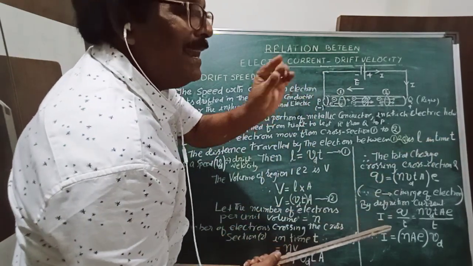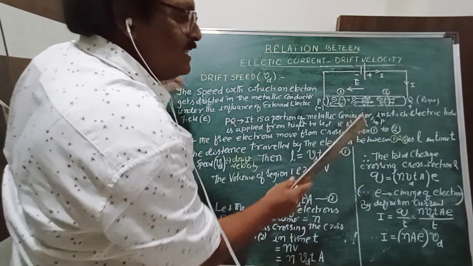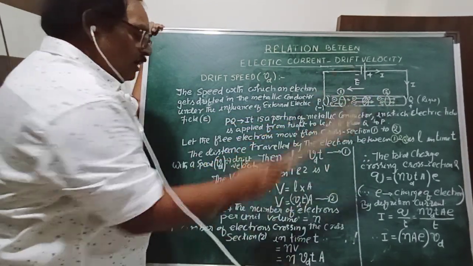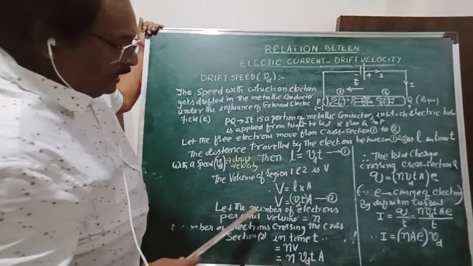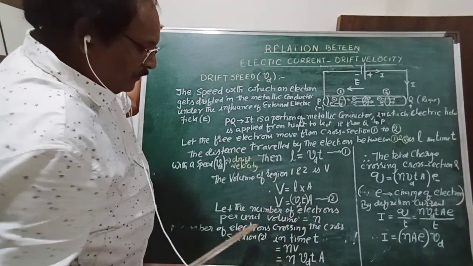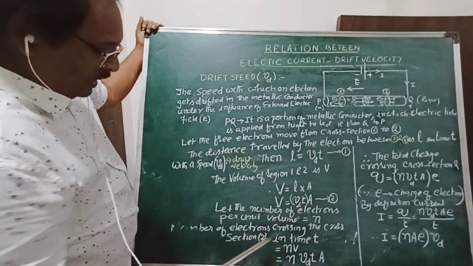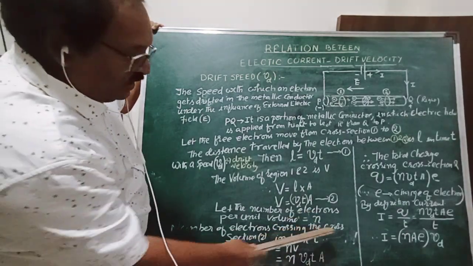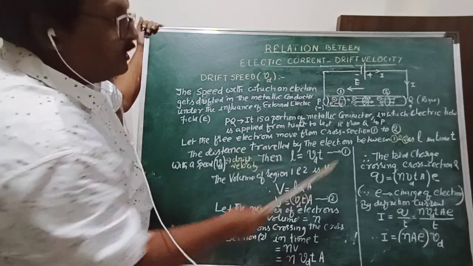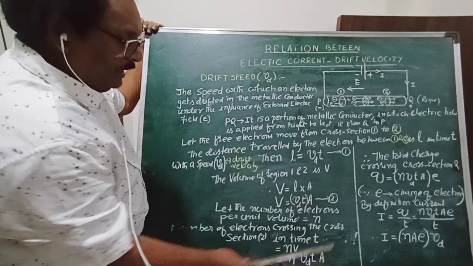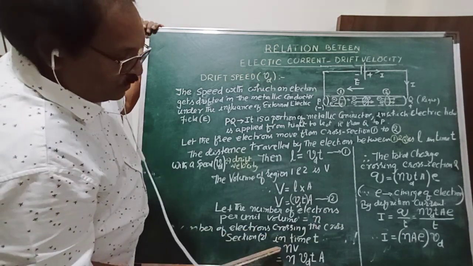I call it N. So, let the number of electrons per unit volume be N. So, the number of electrons that are crossing cross section 2 in time t is given by how much now, please tell me?